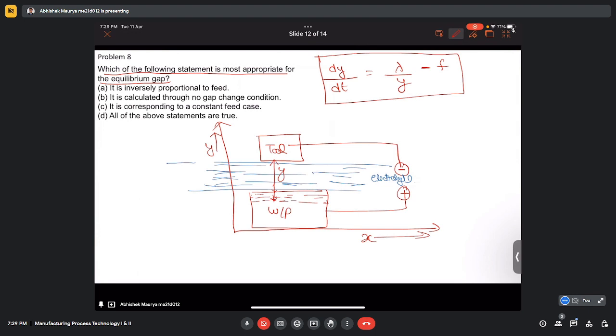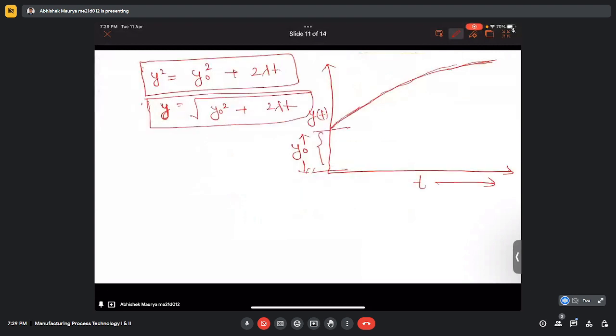As time keeps on passing, this gap will keep on increasing. But if you see this curve, after some time the rate of increase is almost negligible. So basically after some time you won't see any visible change in the gap.